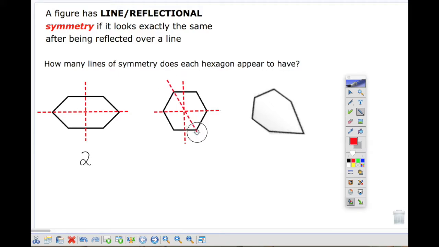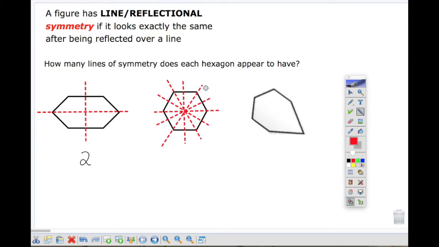If I draw corner to corner, it is the same on both sides. Also from corner to corner here, it is perfectly symmetrical around that. I can also draw connecting the middle here.